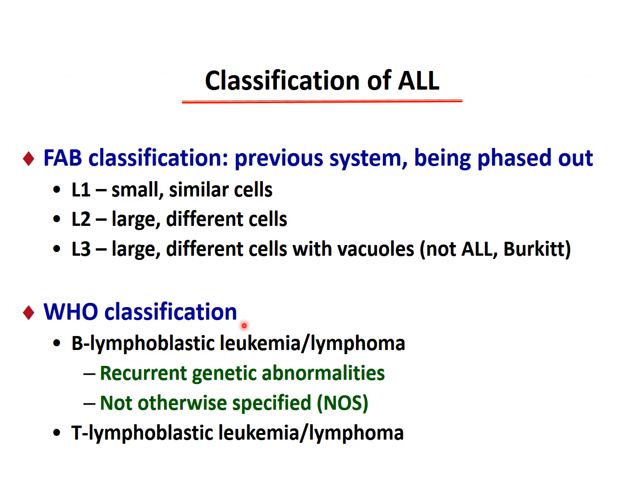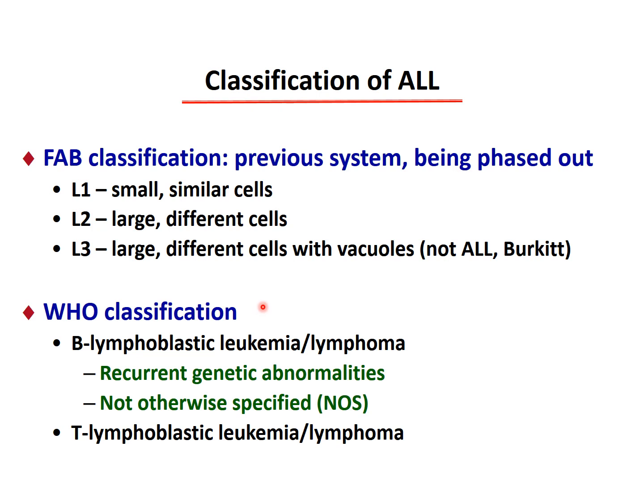This classification is good for choosing the right treatment, for having some kind of prognostic sign, and for telling the patient how long this disease is going to last and what the chance is to be cured from these diseases. So these are very important.